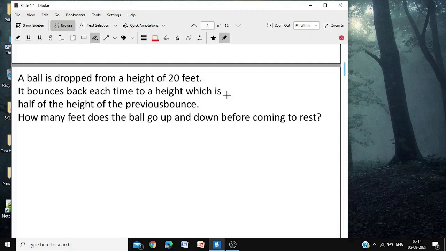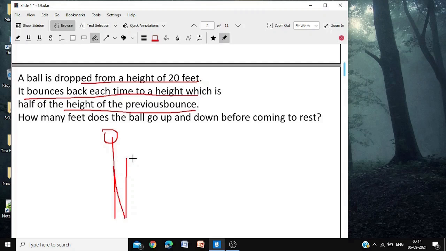So we begin aptitude and reasoning for competitive examination. The first question: a ball is dropped from a height of 20 feet. It bounces back each time to a height which is half the height of the previous bounce. 20 feet, then it will bounce 10 feet and then down 10 feet. The next bounce will be 5 and then 5.